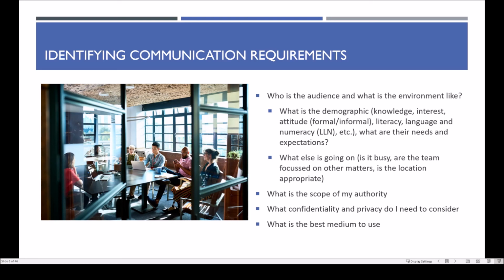Can I send a message through our instant messaging service? Should I just put up a poster? What's the best way to do this? And then thinking about the medium. Once we identify the message, the purpose, what success looks like, the audience, what's the content and what's the environment, we think about things like authority and confidentiality, and then we say, okay, well, what's the best way to do this?